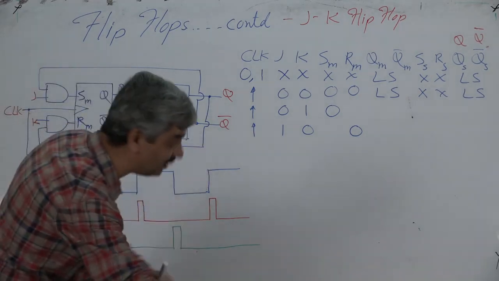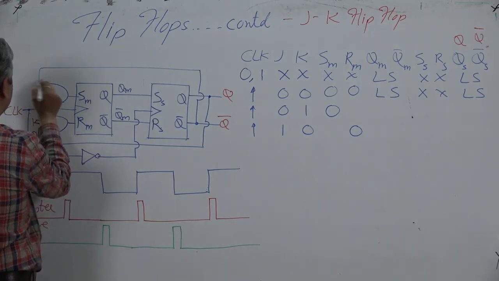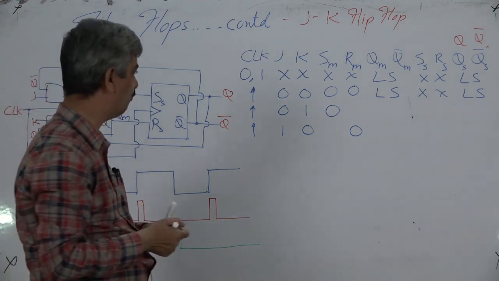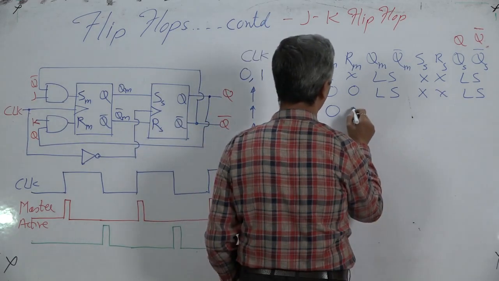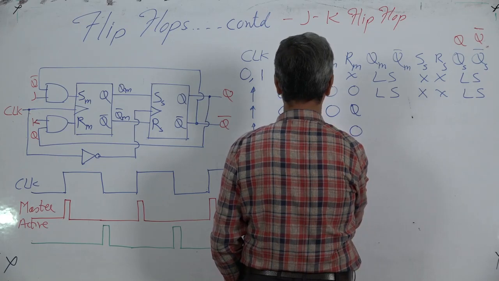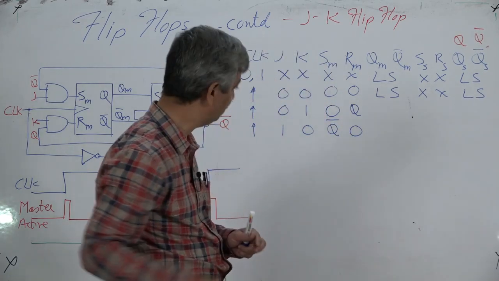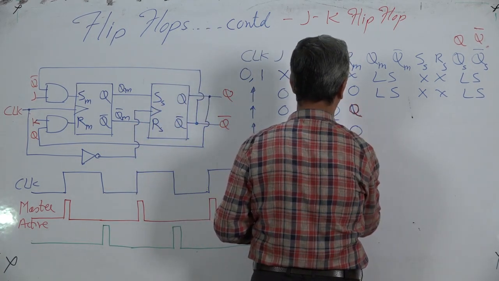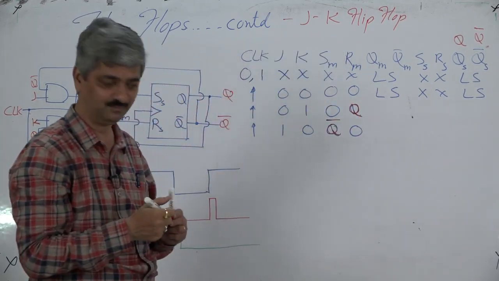RM is Q, that is not QM, but RM is Q, and this is Q bar, or QS and QS bar. So when J is 0 and K is 1, RM is Q, and when J is 1, K is 0, it is Q bar. Q means, always remember, it is slave or overall. It is overall Q or output of slave.